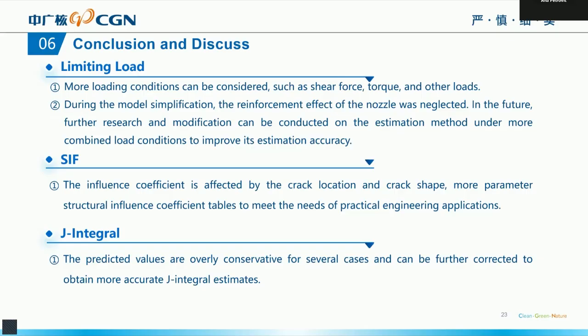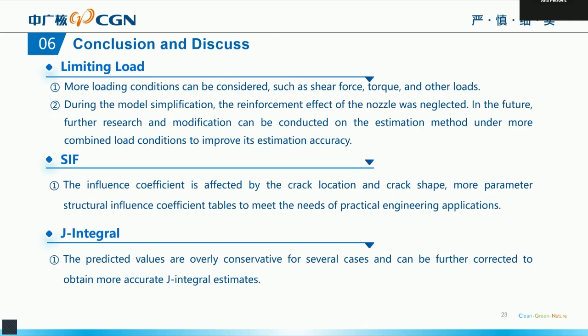In the future, research and modification can be conducted on the estimation method under more combined loads to make it more accurate. For the SIF, the influence coefficient is affected by the crack location and the crack shape. More parametric structural influence coefficient tables are needed to meet the needs of practical engineering applications.